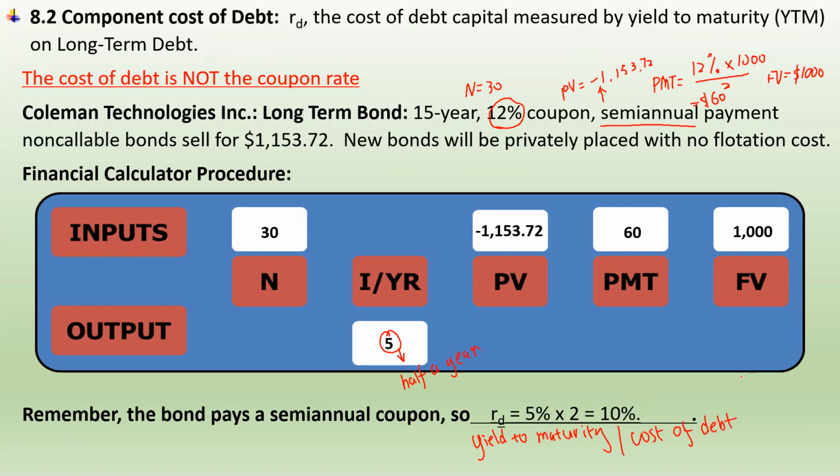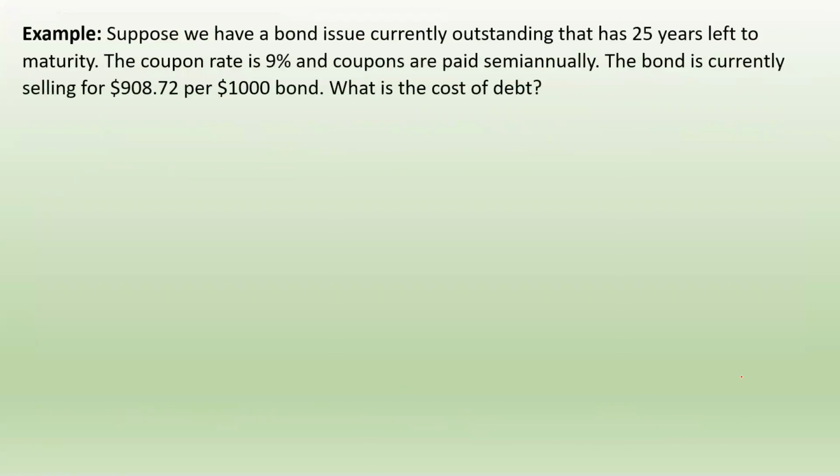Because this is the yield to investors, from the firm's perspective it's a cost. They have to pay 10% each year to their investors so they can use this debt capital.